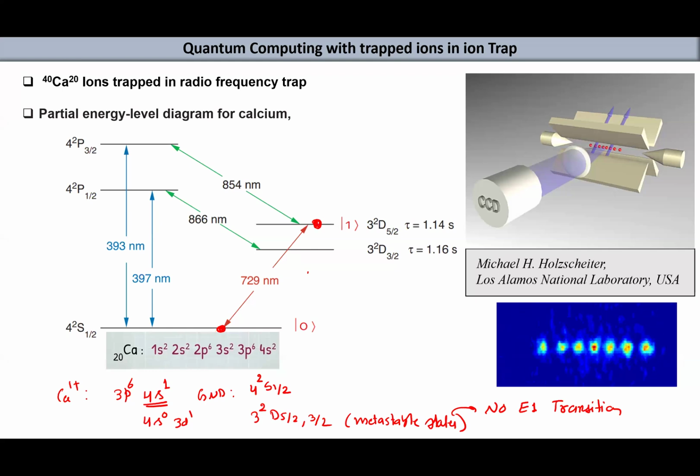So the wrong information, which we conveyed in a hurry in the previous class, was that we thought this can go from the p state. No, the transition of course takes place only here, when you shine a laser of 729 nanometer.